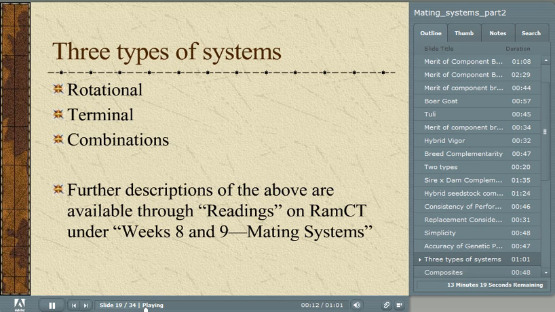There's actually a fourth type that we're going to spend some time discussing during this lecture, but there are three that we're not going to discuss, but you can read more about those if you go to weeks 8 and 9, the mating systems link under readings on RAMCT, because what I did is put in a document that was developed by the Western Coordinating Committee on Beef Cattle Breeding Research that outlines a whole host of different mating systems or crossbreeding systems and the strengths and weaknesses, as well as the amount of heterosis that's retained in those systems over time.